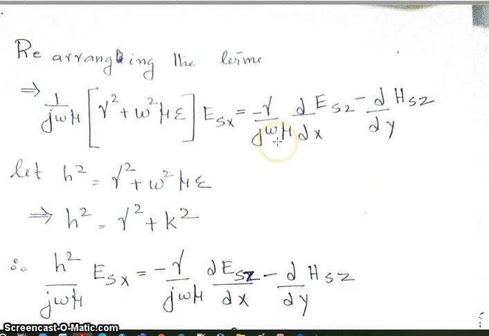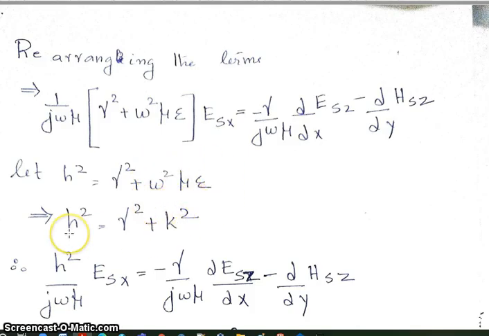Now I am rearranging the terms. Finally I will get the above equation as 1/(jωμ) (gamma square + ω²με) Esx is equal to minus gamma/(jωμ) ∂/∂x Esz minus ∂/∂y Hsz. And this term gamma square plus ω²με is taken as h square. And you know ω²με we have already taken as k square.